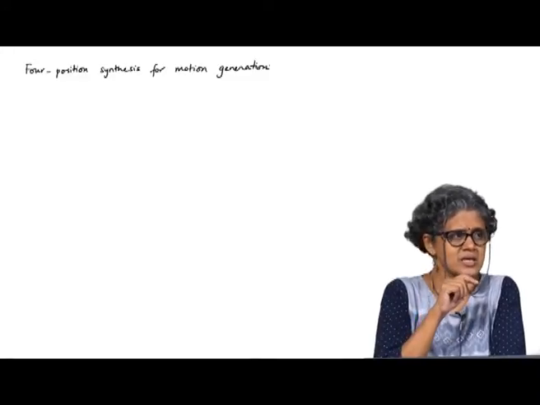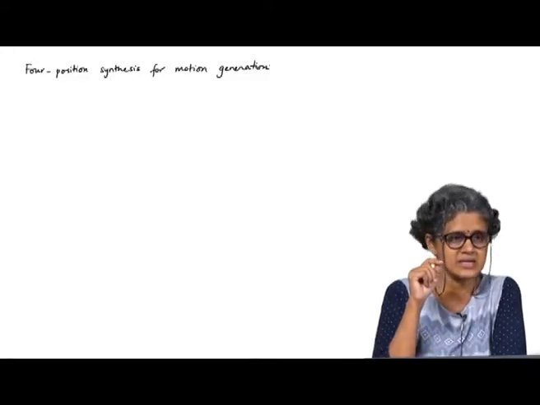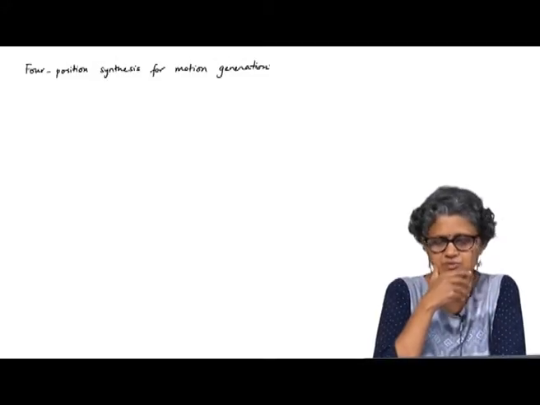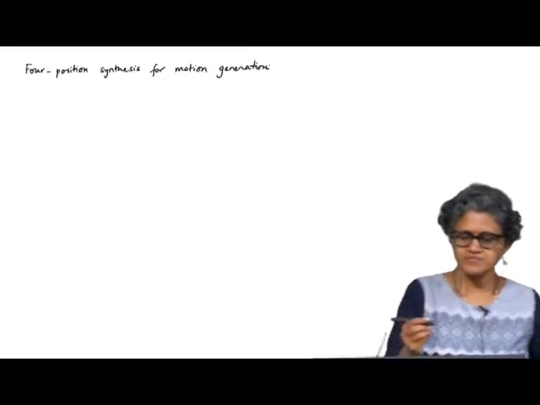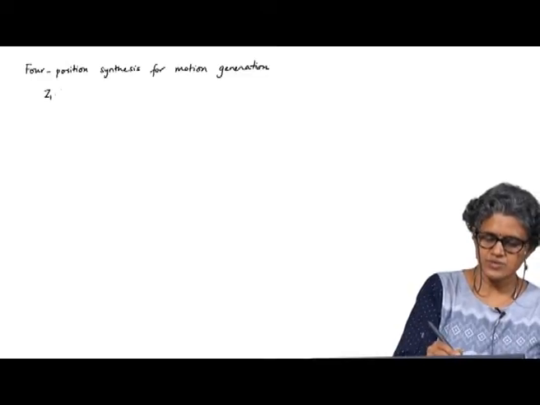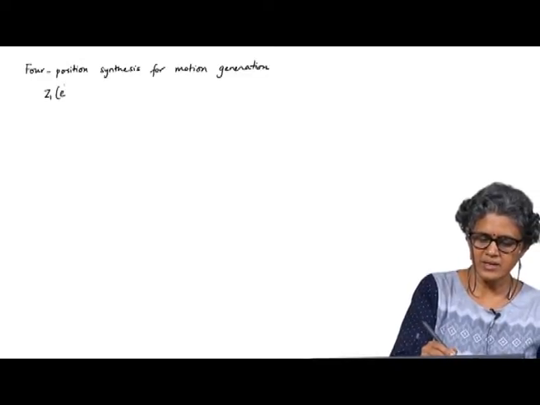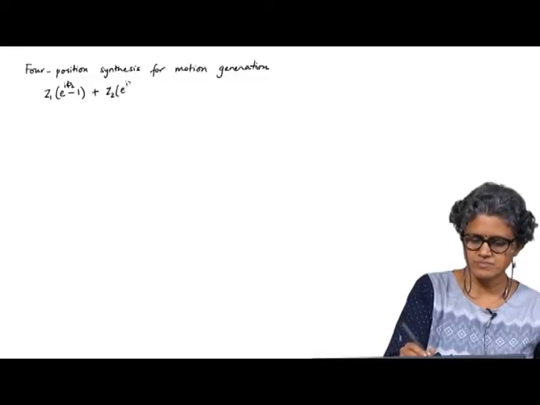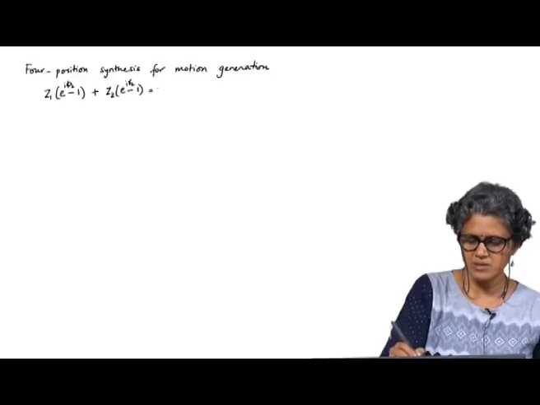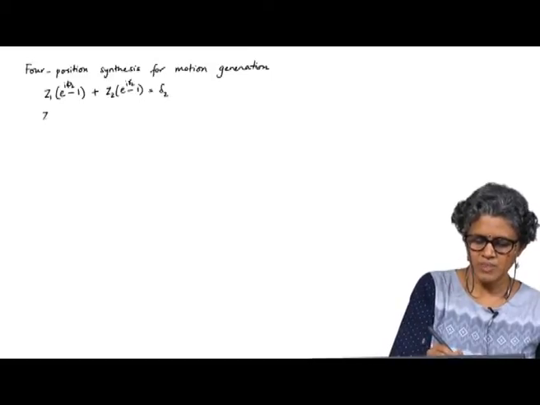But if you look at the table that we did when we looked at the dyad synthesis method, e to the power i phi 2 minus 1, gamma 2 minus 1 equal to delta 2.